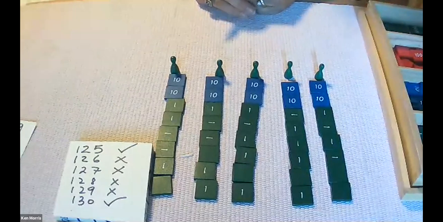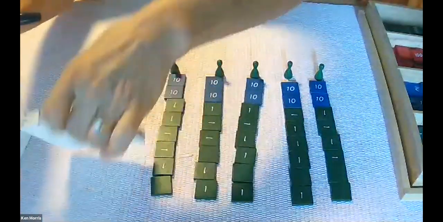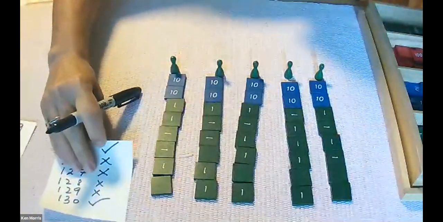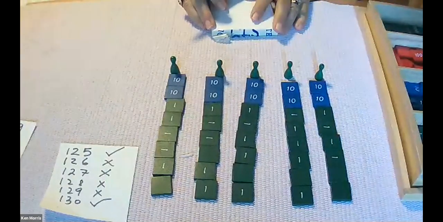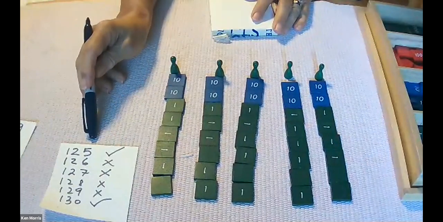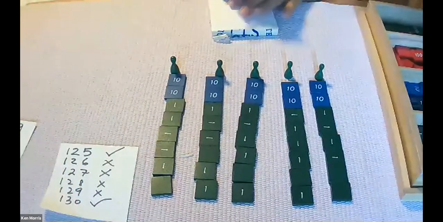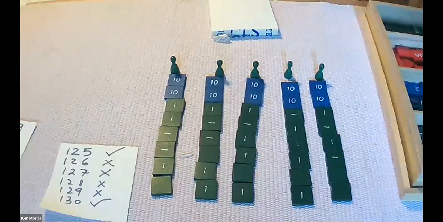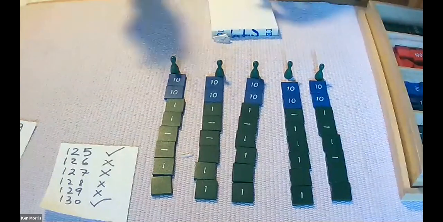And at this point, the children again will be raising their hands. Tell me, what do you think the rule is? You're right. The rule is that only numbers that end in 5 or 0 will be divisible by 5. And this just pops out at them, and it's amazing how easily they come to the rule. All right.